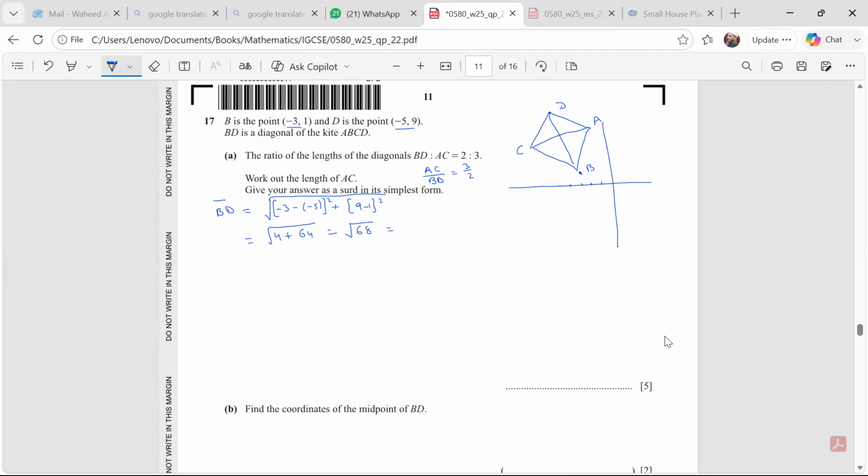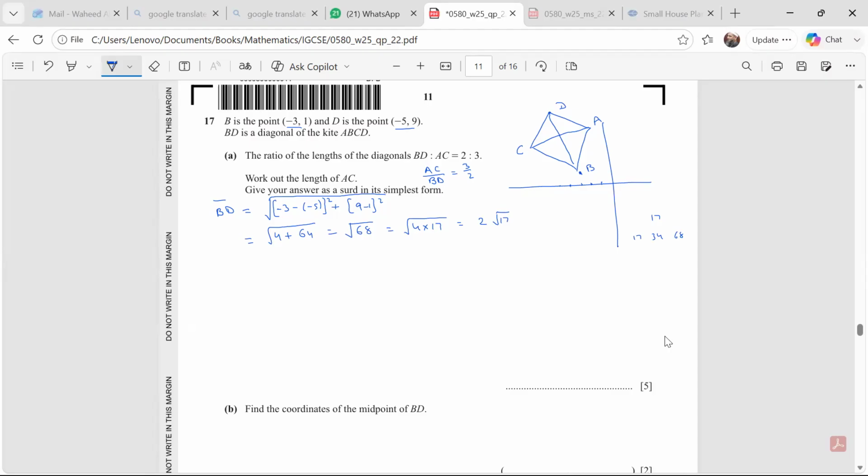Now 68 is 17 times 4. So we can write it as 2 under the root 17, correct?